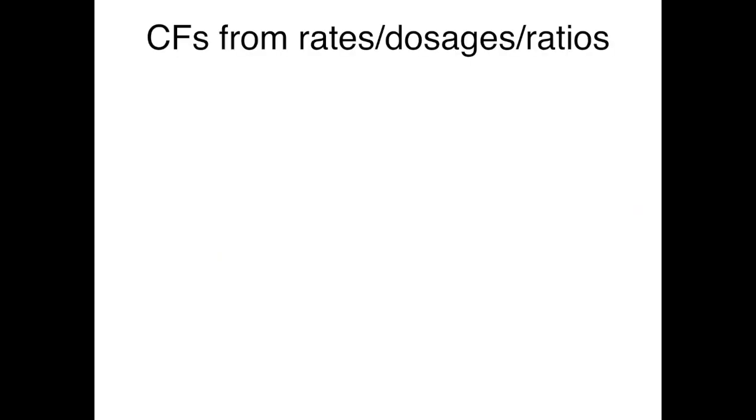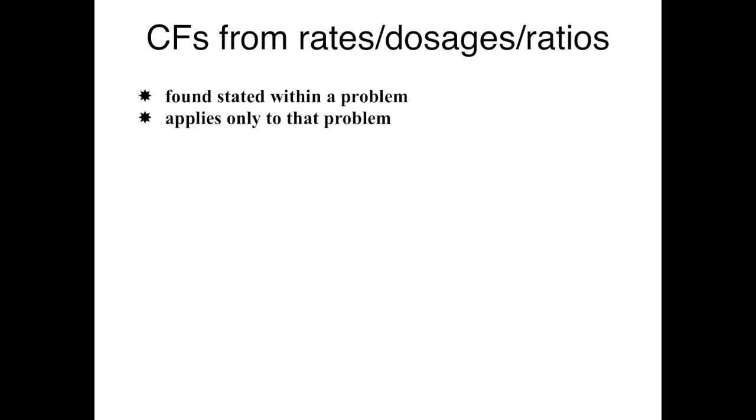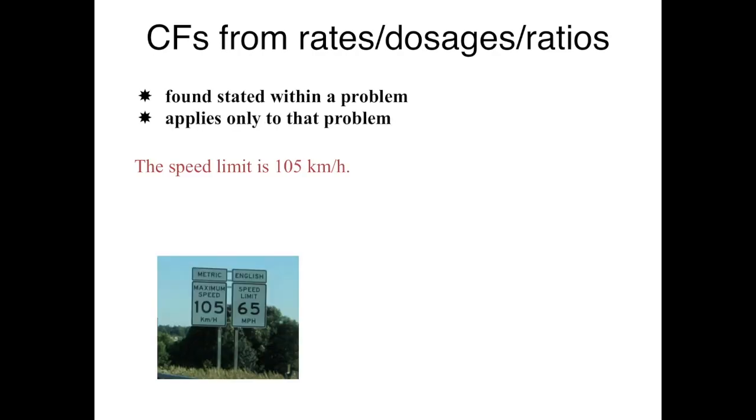Now let's talk about conversion factors that are derived from rates, dosages, ratios, and things like that. These things often are found stated within a word problem itself, so you will kind of have to look for it. It's not listed on a table somewhere. Because it is found particularly in that problem, it only applies to that problem. For example, the speed limit is 105 kilometers per hour.